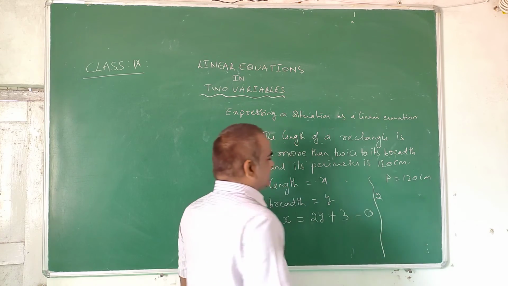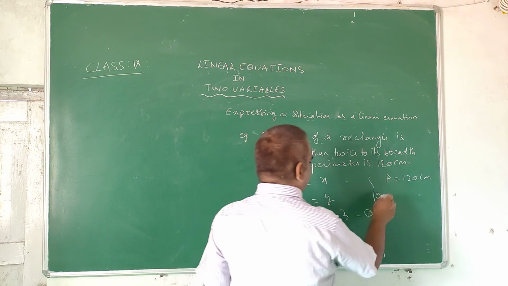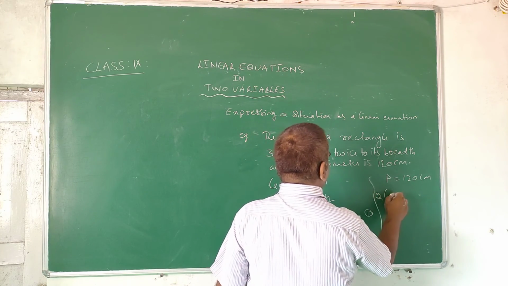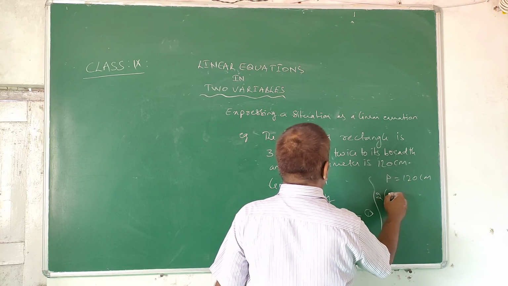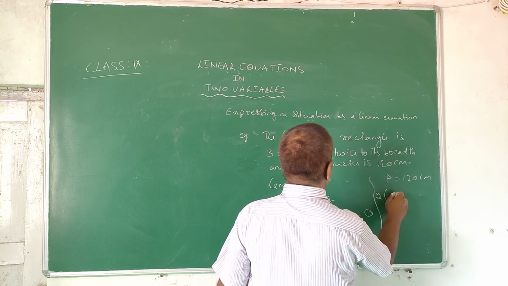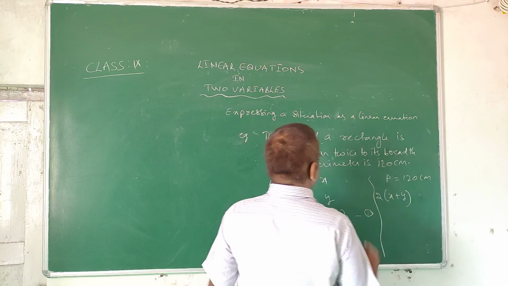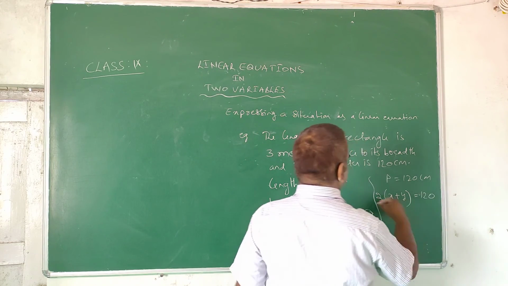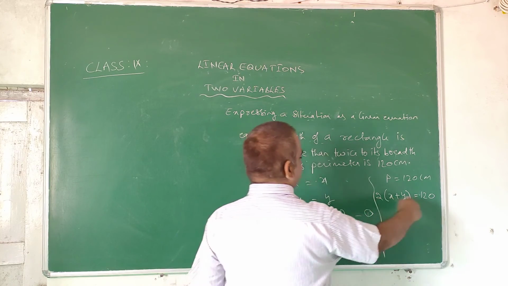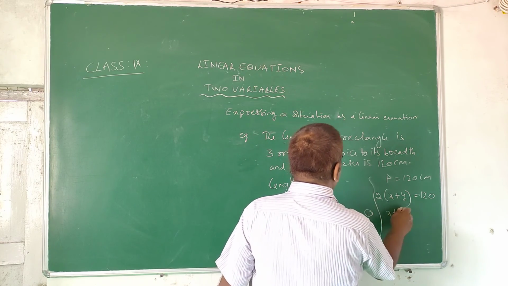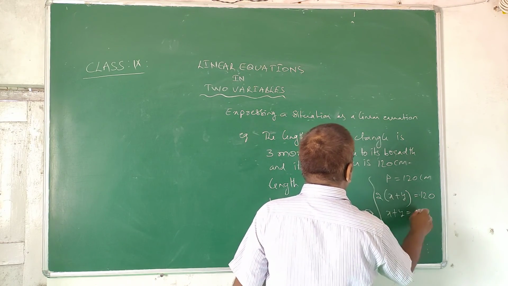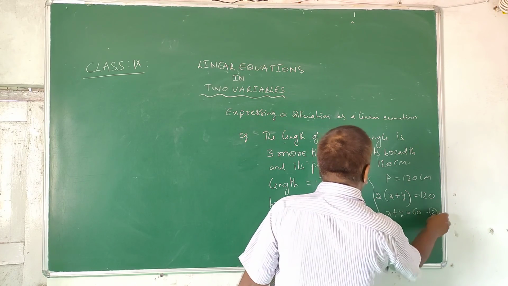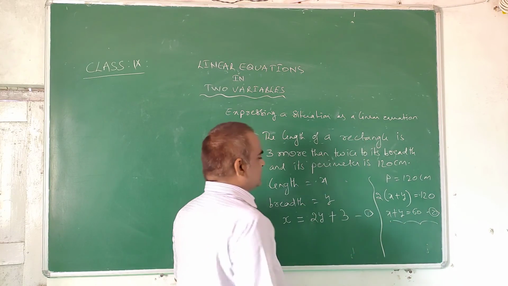Perimeter of rectangle is what? 2 into (L + B), length plus breadth. So length is x and breadth is y. So 2 into (x + y) is equal to 120. So if you divide by 2, then you get x + y is equal to 120 by 2. It is 60. So this is another linear equation you got.